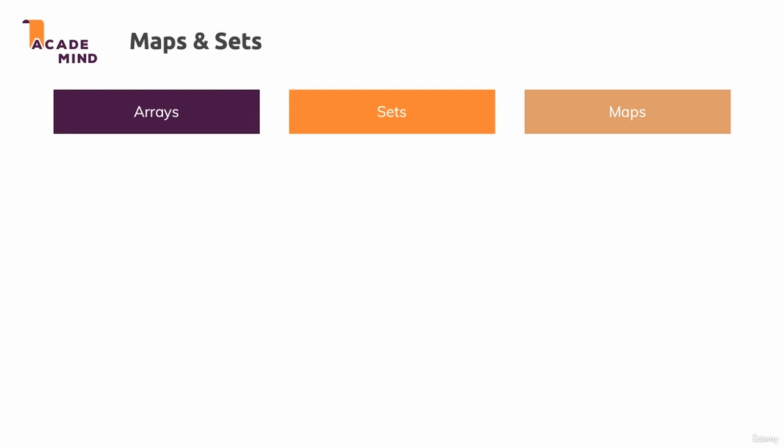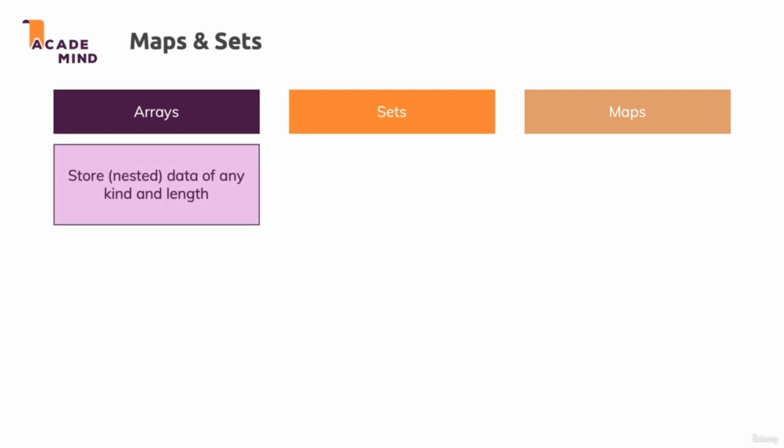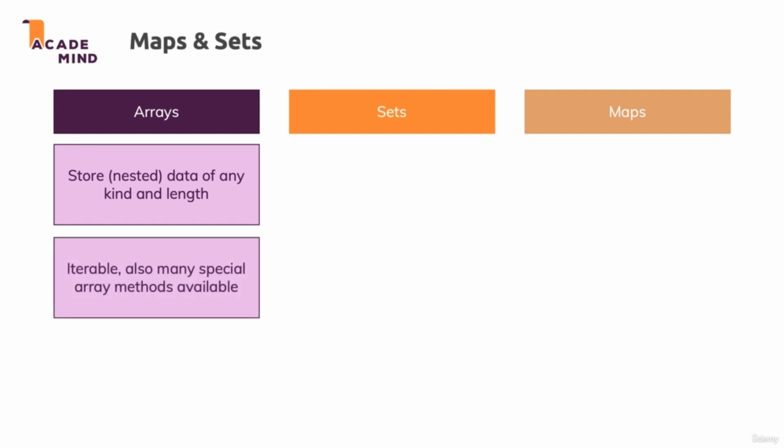So when we talk about lists of data or storing connected data, arrays are the main storage for storing that data, and there you can have nested data of any kind, of any length. You can mix data types. It's an iterable, as you learned, with many special array methods available, all these great methods which we used.